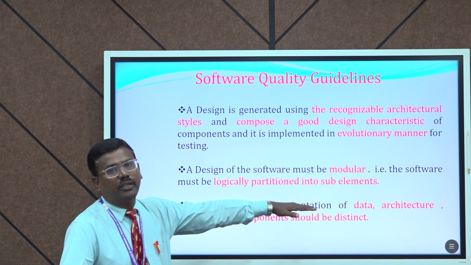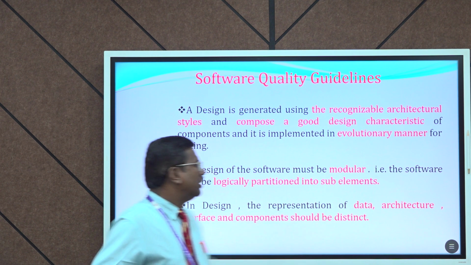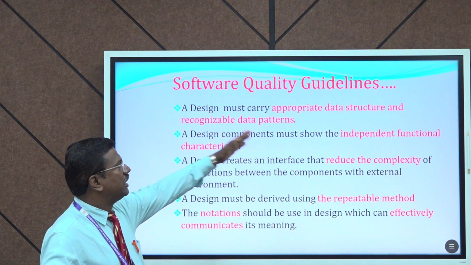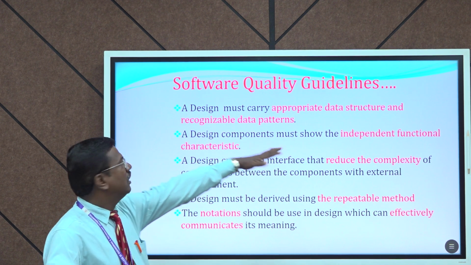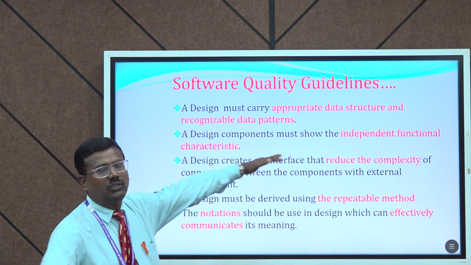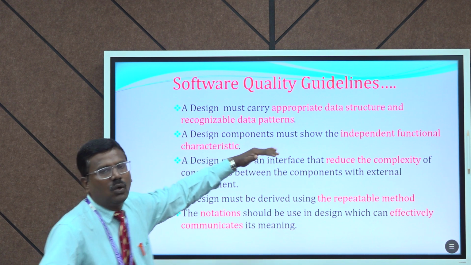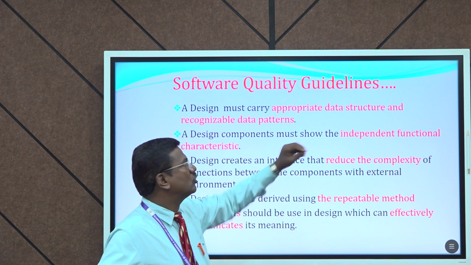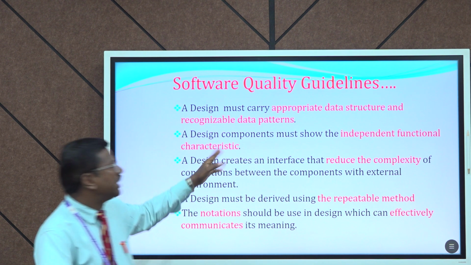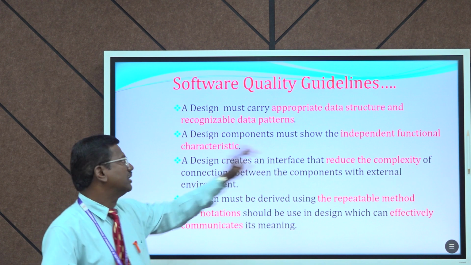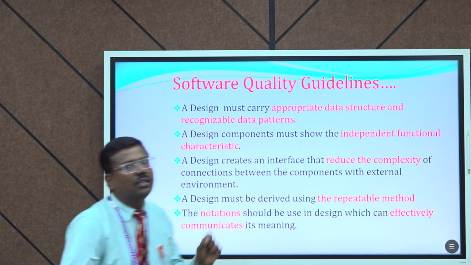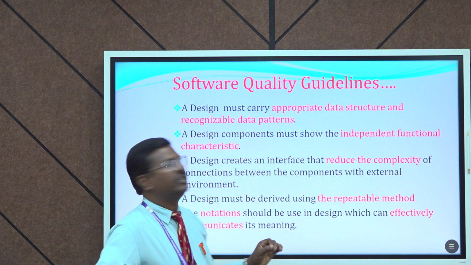Then the next guideline is that the design must carry the appropriate data structure. Then recognizable data patterns. Recognizable data pattern means what qualities in the designs should be used. Then design components must show independent functional characteristics. Independent means every module should have individual functionalities.